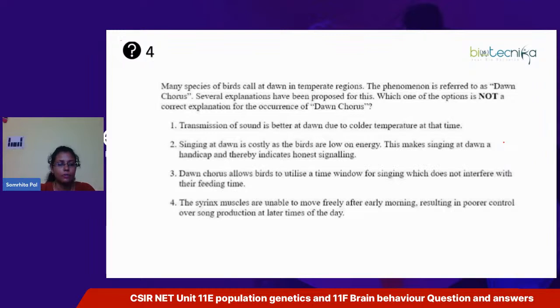Okay. Now for this one, you try. This is something which you will be able to answer using a bit of knowledge and a bit of common sense. You don't have to completely rely on your knowledge. A bit of knowledge, a bit of common sense is sufficient for you to give the answer.